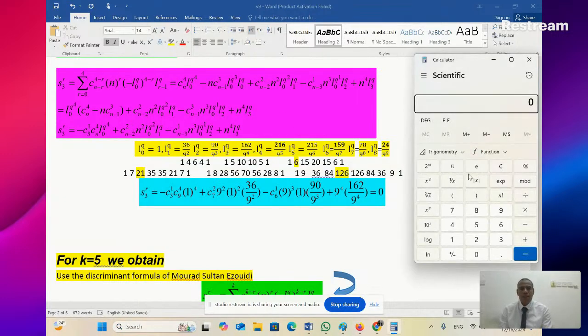Okay, so it will be negative 3 times 9 choose 4. 9 choose 4 is 126.